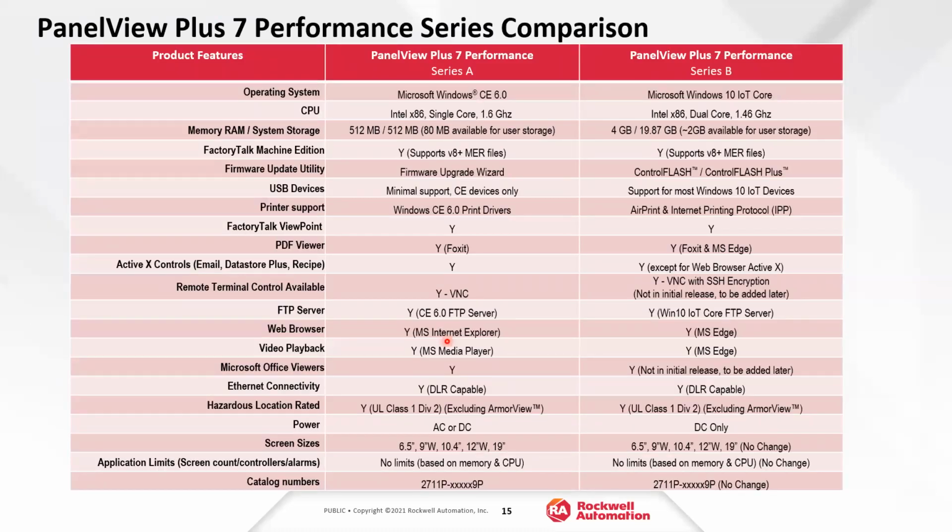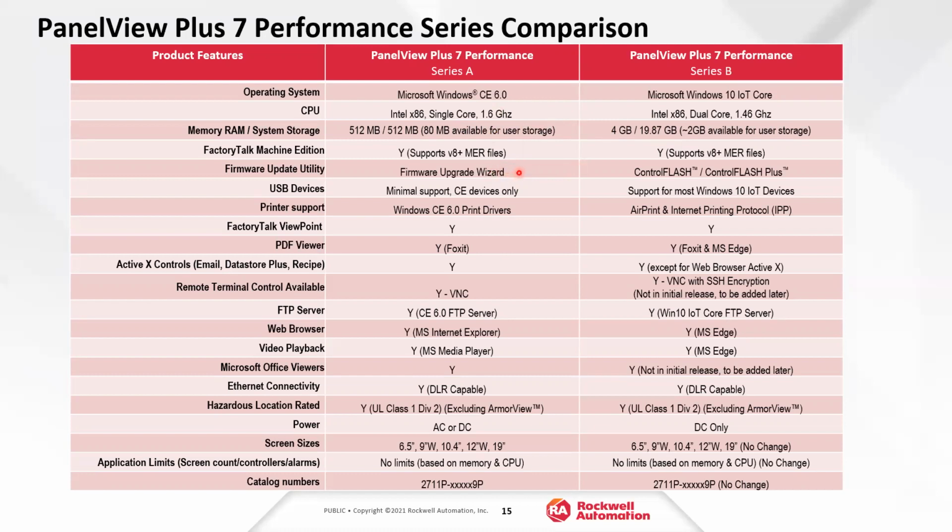All right, just a chart that helps show some of the differences between Series A and Series B. We talked about a few of them already, right? So Windows CE to IoT Core. This was a single core processor going to a dual core. Definitely an upgrade in the RAM memory storage. Here's another significant one, right? If you ever had to do a PanelView Plus 6 firmware update, you had this kind of an outlier.